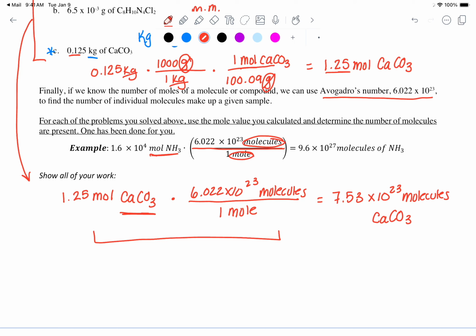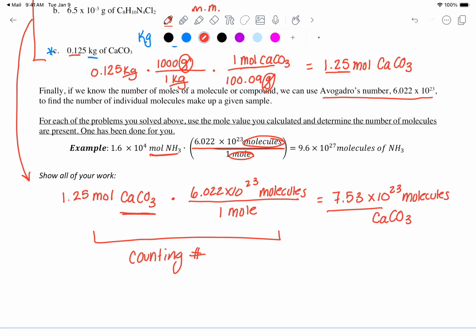You're going to have 5 pieces of candy in the same way you're going to have 5 people. There's going to be 5 things for you to count regardless of what they actually are. So every time you have 1.25 moles of whatever it is, if you convert it to molecules, it'll always be 7.53 times 10 to the 23 molecules of whatever you're counting.